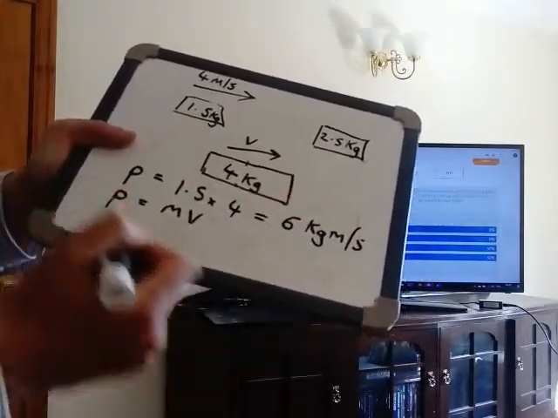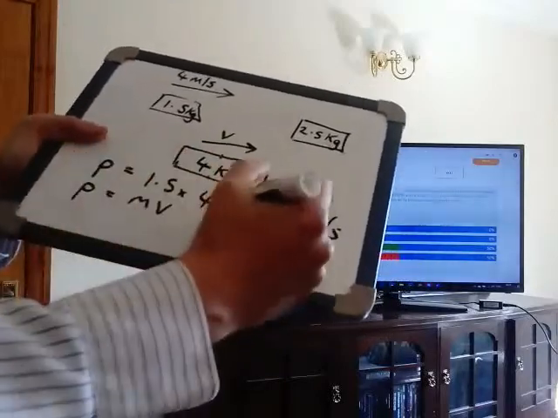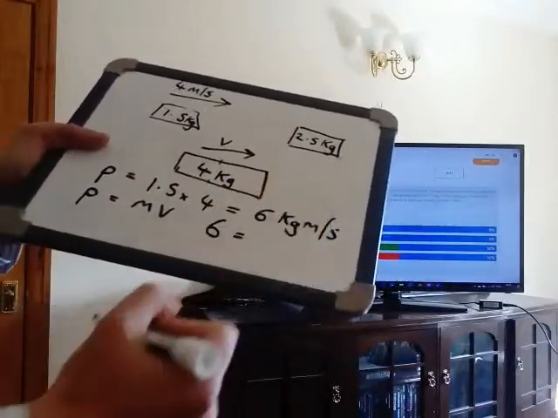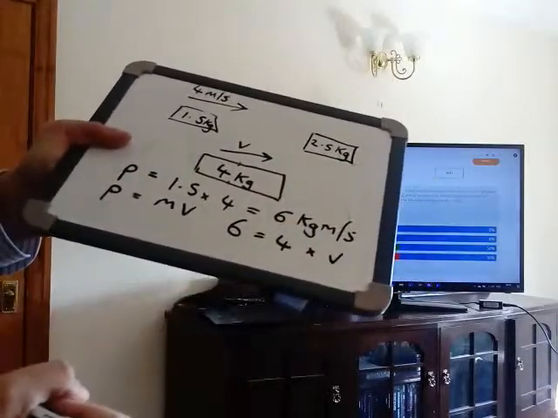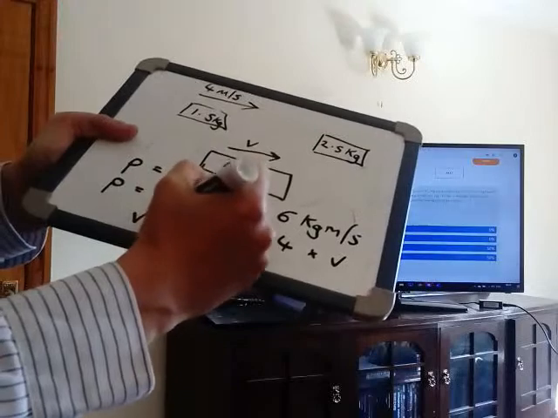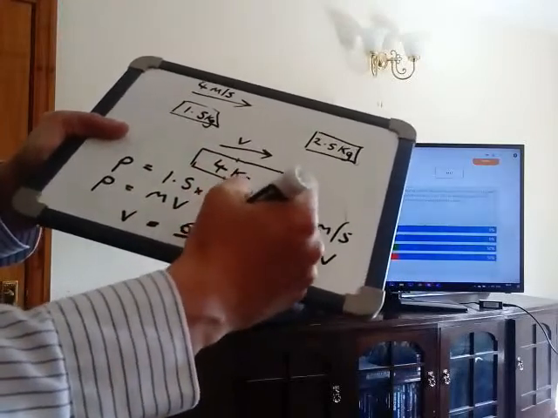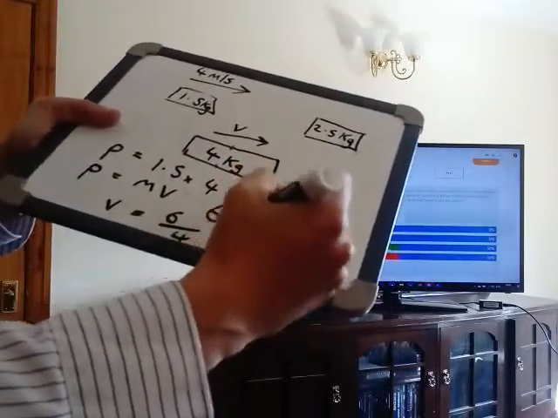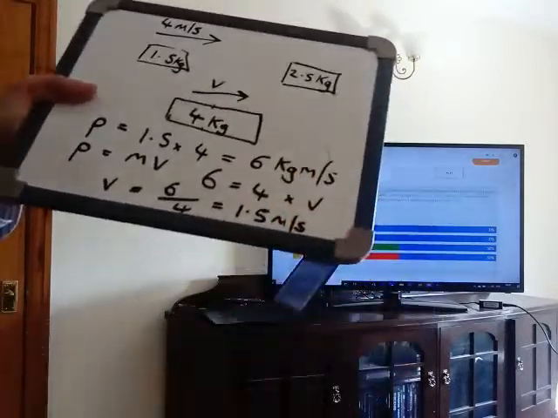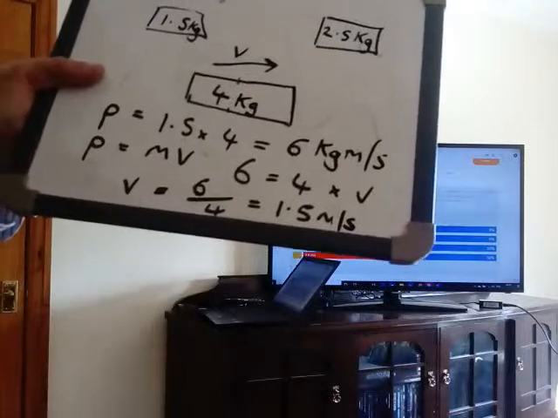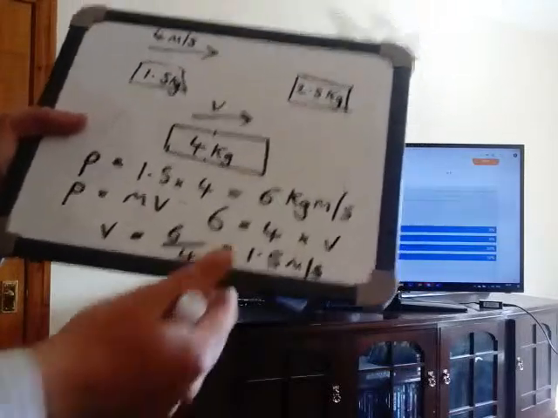We know that momentum was 6. So where P was, we put that 6 equals, we know m, 4 times v. When you do that, you realize that v is 6 divided by 4, which equals 1.5 in this case, meters per second. 1.5 meters per second, hence the answer C.